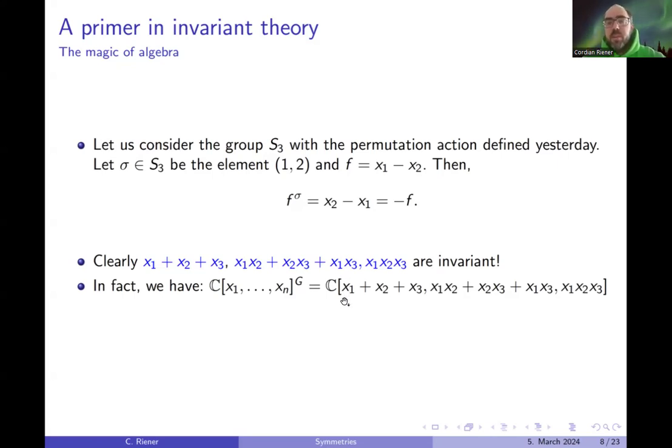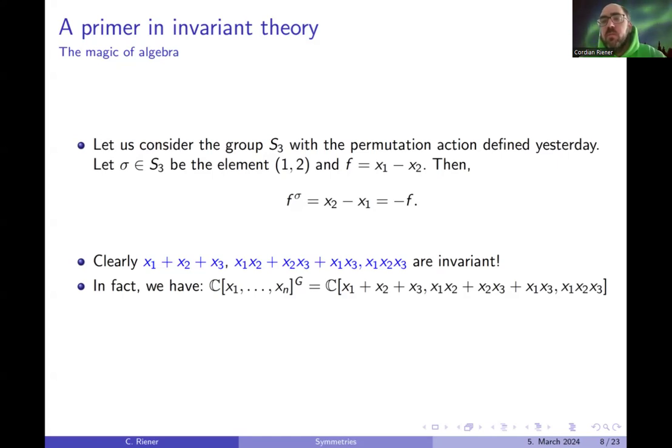Can you again redefine the action of S3? The action is just, you have this action on the vector space, so it changes the coordinates. And what we do here is we just change the variables accordingly.